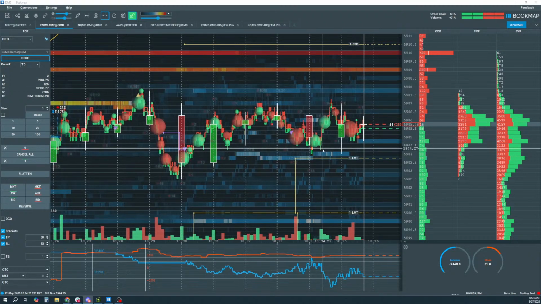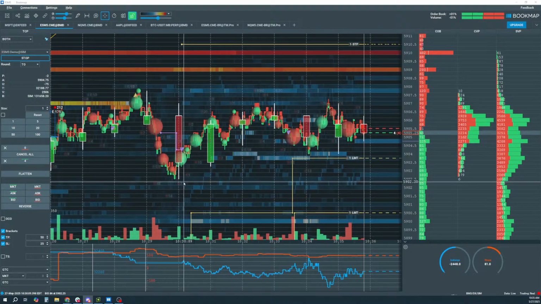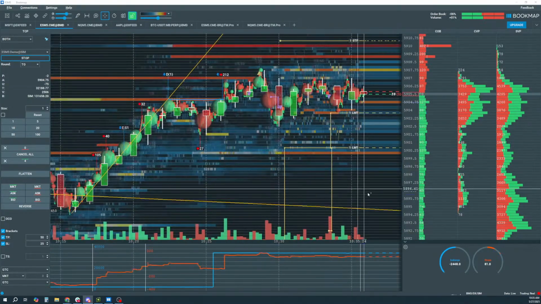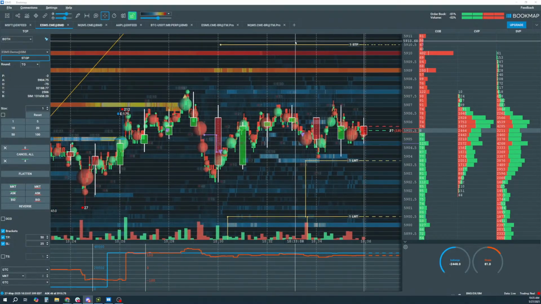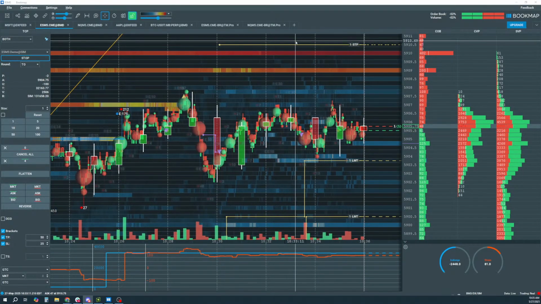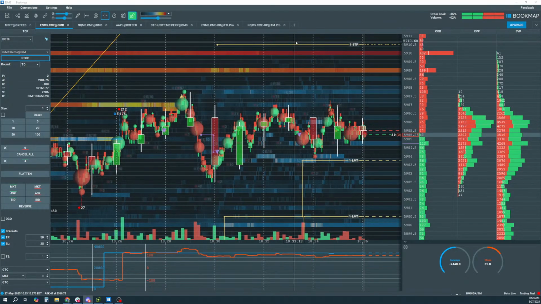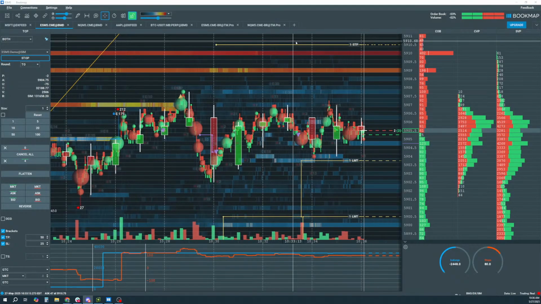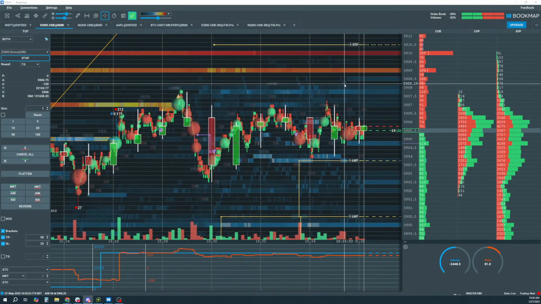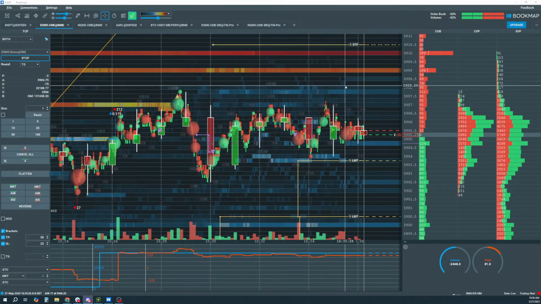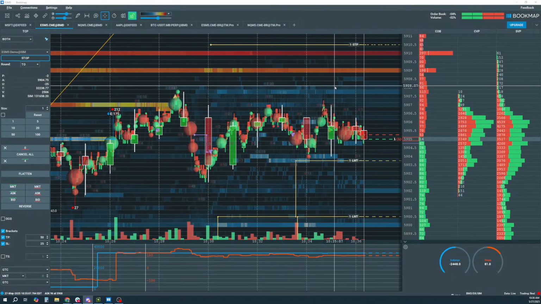These sellers need to get some traction right below here at 04, and then we might get the move back down into the figure here. Let's see some decisiveness.